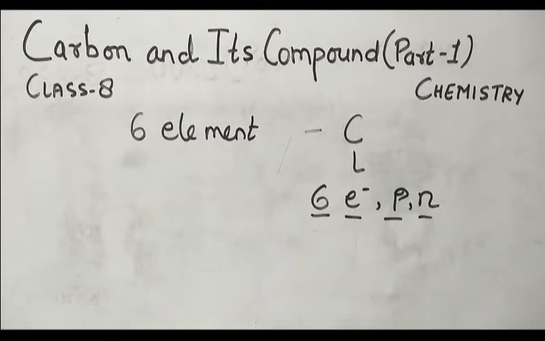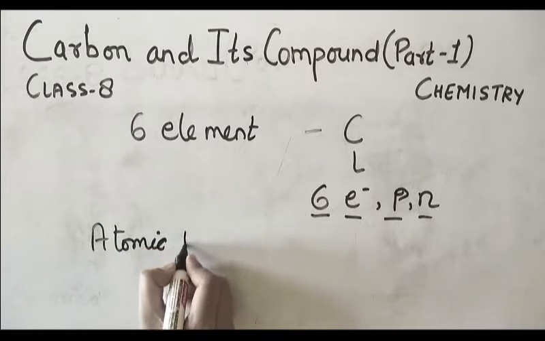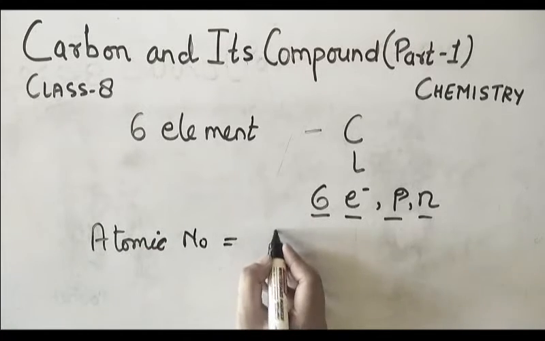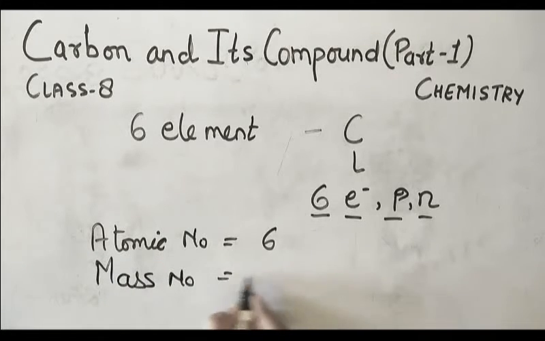So the atomic number of carbon is equal to 6 and the mass number of carbon is equal to 12.